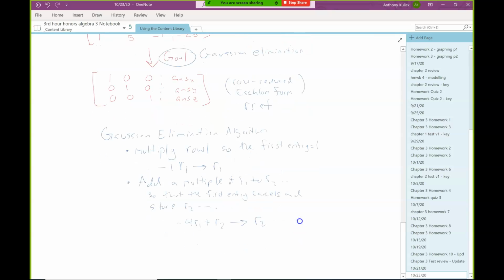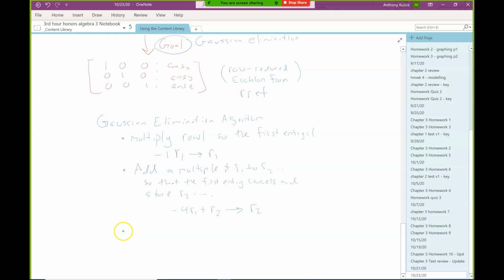And then we continue doing, so we did all of that. Then we're going to multiply row 2 so that the second entry is equal to 1. And then keep on going. So we'll do that.